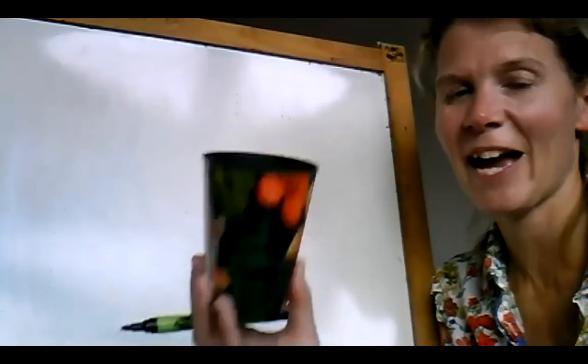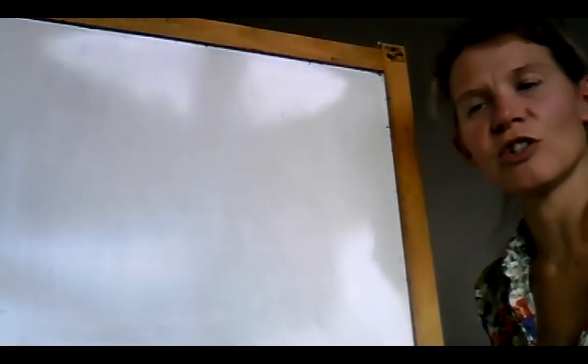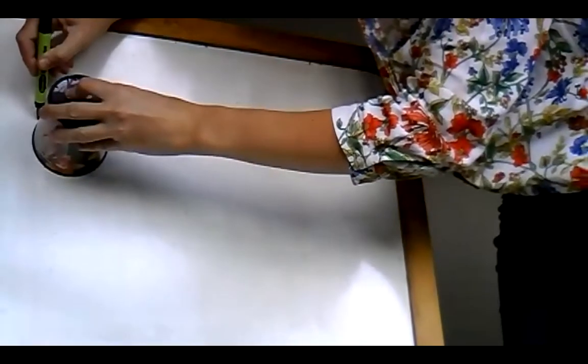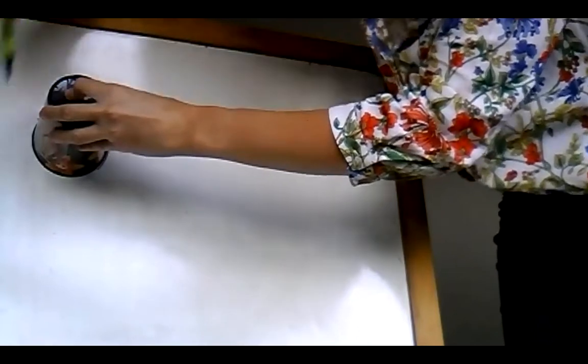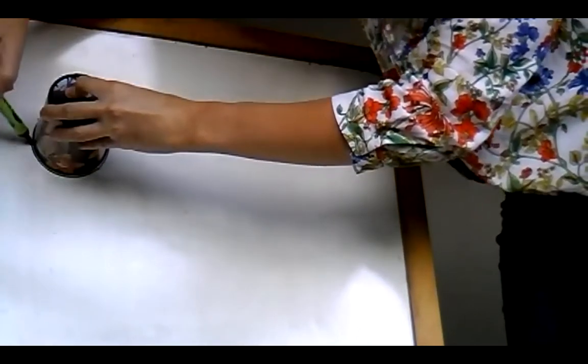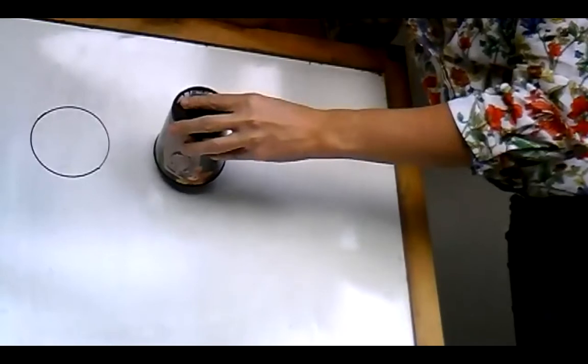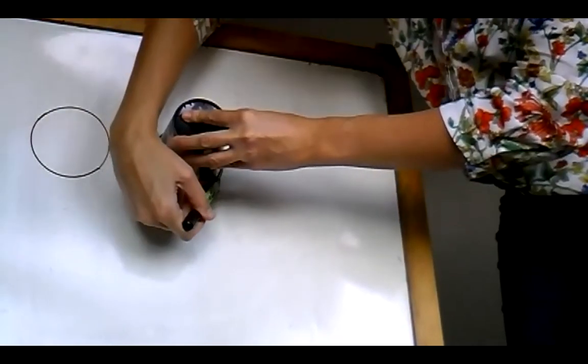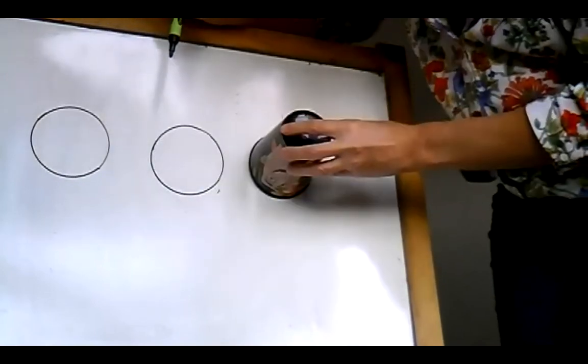Excellent. Are you back? Lovely. So what you're going to do is draw around your cup. Now I'm going to stand up to do it, so I'm going to disappear for a while. There I am, drawing round. So I've got one circle. Two circles.